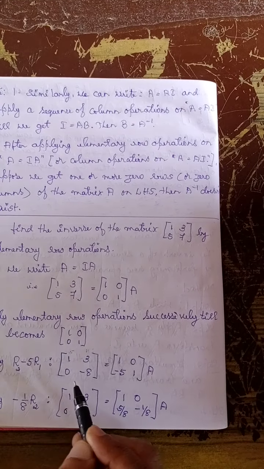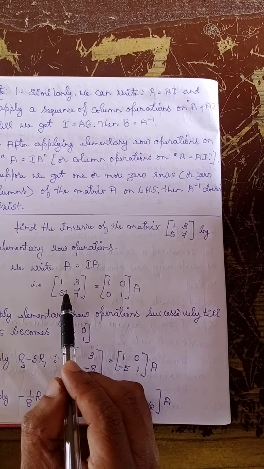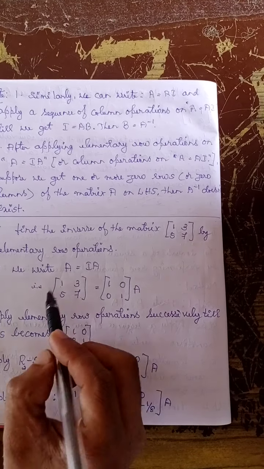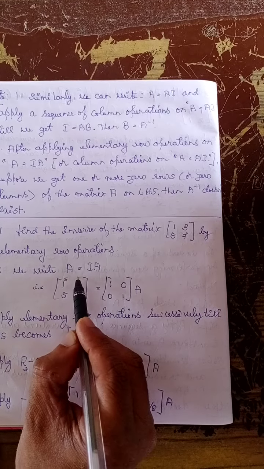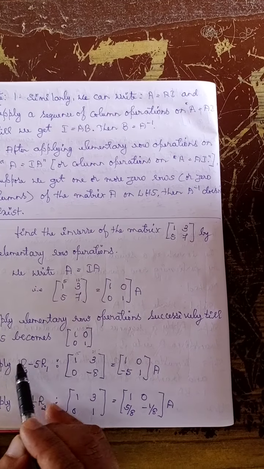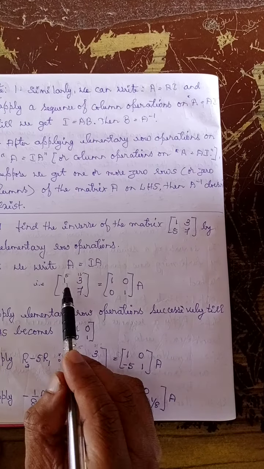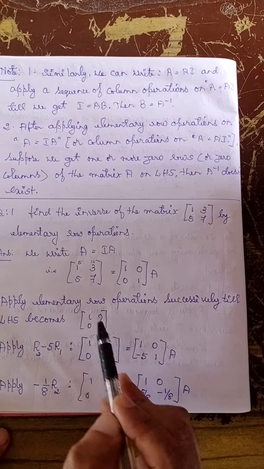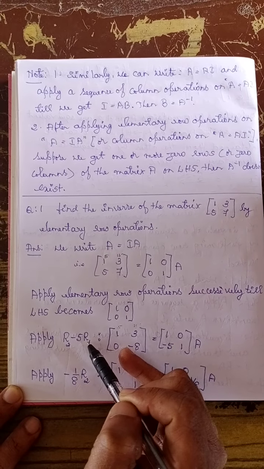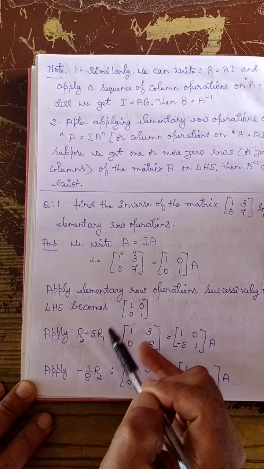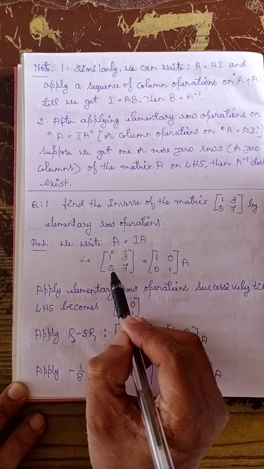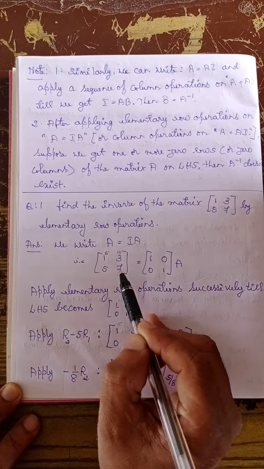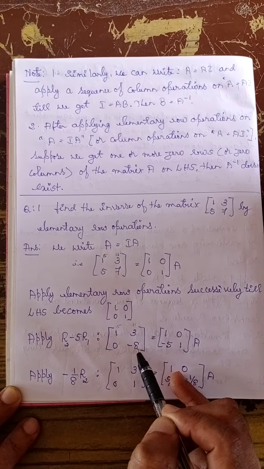Therefore we have 5 into 1 is 5 and 5 into 3 is 15, but we write the answer in the second row. The first row remains the same as 1, 3, then row 2 minus 5 into row 1, that is R2 minus 5 R1: 5 minus 5 is 0 and 7 minus 15 is minus 8.